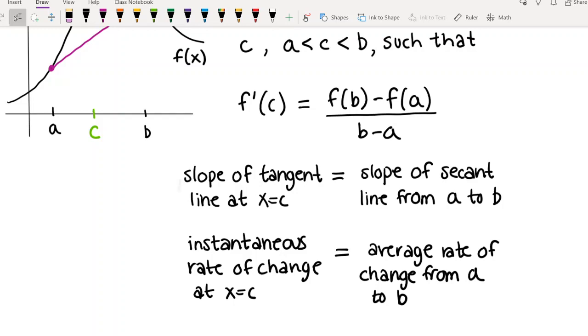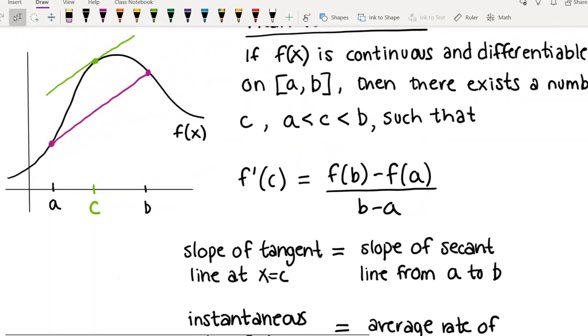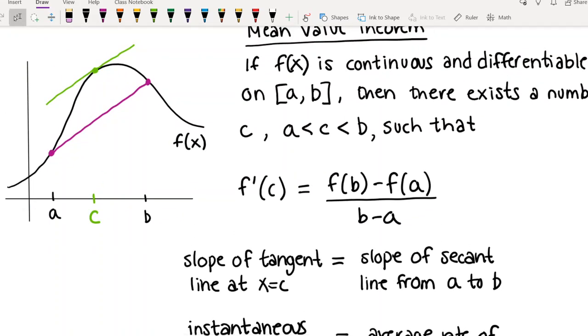If you take any function that is continuous and differentiable and you find the average rate of change between those two values, there has to be some number between A and B where that instantaneous rate of change, or the slope of the tangent line, agrees with the average rate of change.